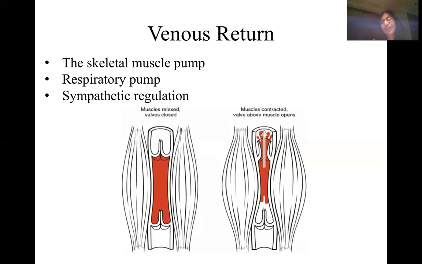All right, so this is how blood gets pushed upwards in the direction of the heart. Quite neat, correct?